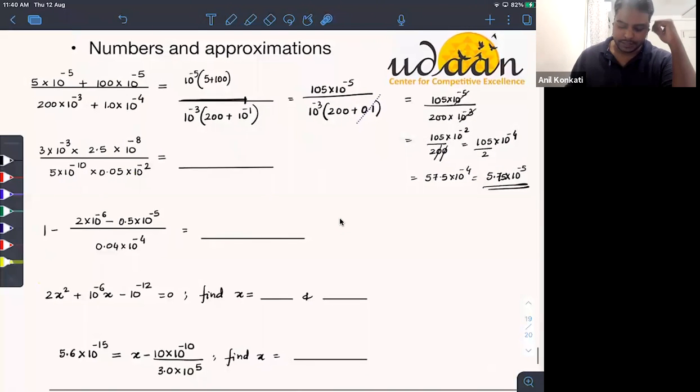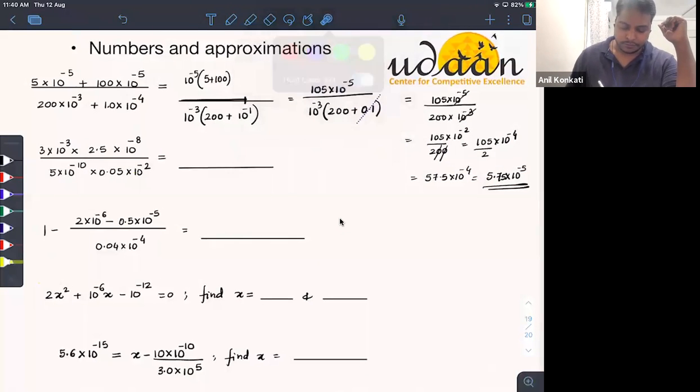Let's see the second one. We have 3 into 2.5 into 10 raised to power of minus 8 plus 3, which will be how much? Minus 11.